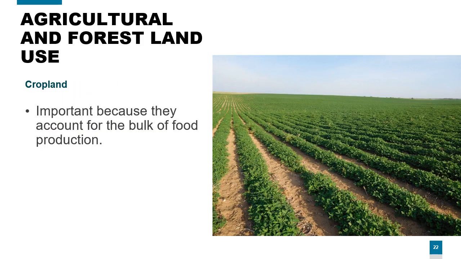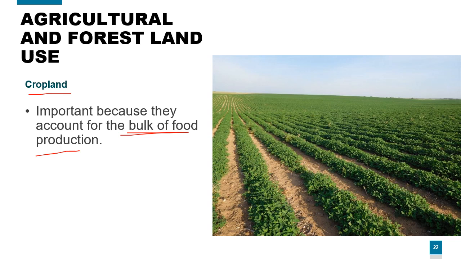Okay? Next, we have here the cropland from the word crops, di ba? It is important because they account for the bulk of food production. Okay? So, of course, food is very essential sa survival ng mga tao.